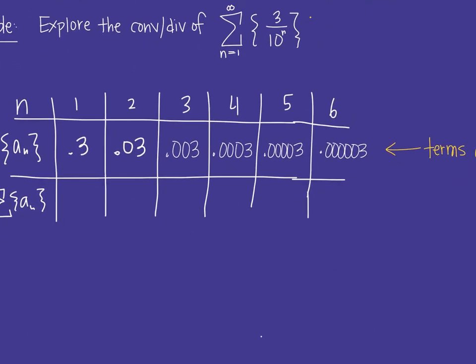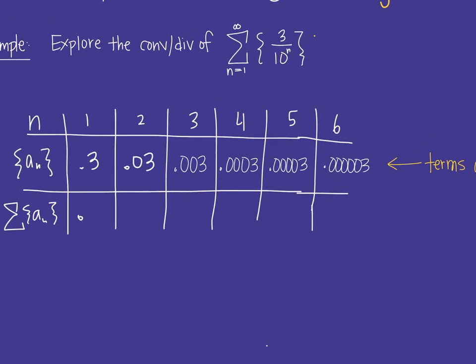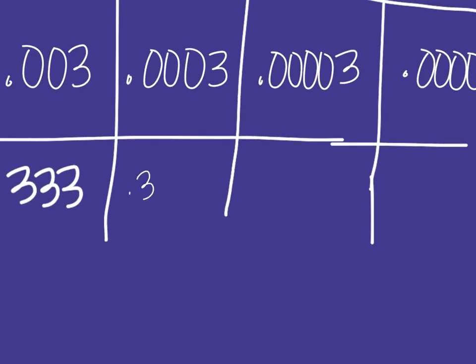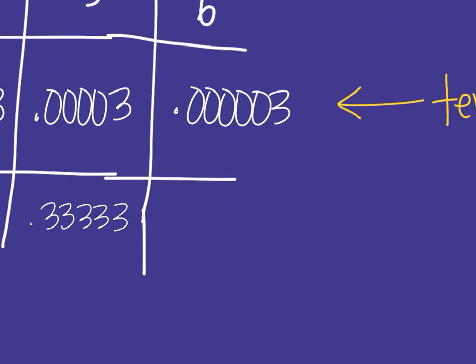Okay, let's start investigating the partial sums. Okay, what's the first partial sum? Okay, what is the second partial sum? 0.33. The next. Okay. All right, so our partial sums definitely have a pattern to them.